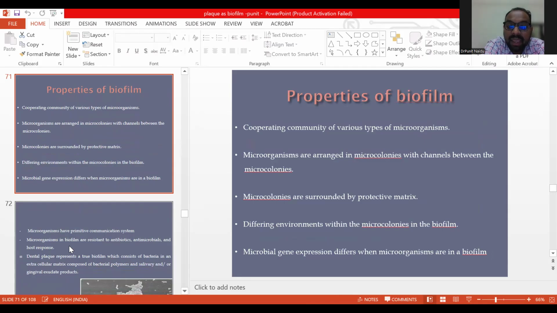Properties of biofilm. Microorganisms are arranged in microcolonies with channels, and these microcolonies are surrounded by a protective matrix, thus creating differing environments within the biofilm. Biofilm microbial gene expression differs when microorganisms are in a biofilm.